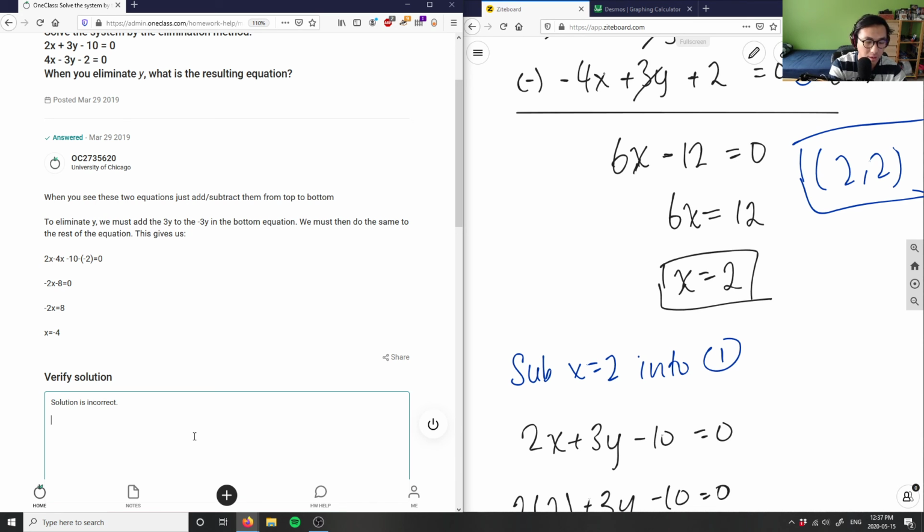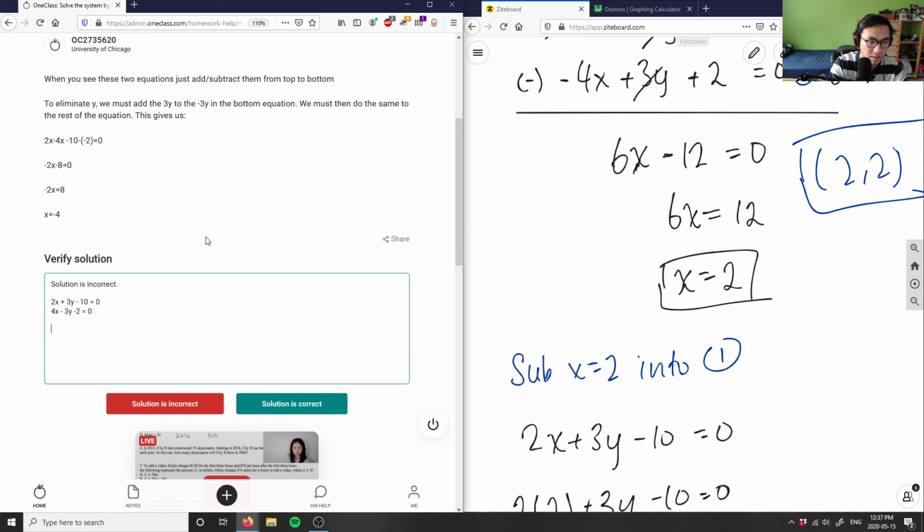Incorrect. So I will have 2x plus 3y minus 10 here equals 0, and I have 4x minus 3y minus 2 here equals 0. So I'm going to say here, in order to eliminate y, we must multiply equation 2 by -1 to turn -3y into +3y.